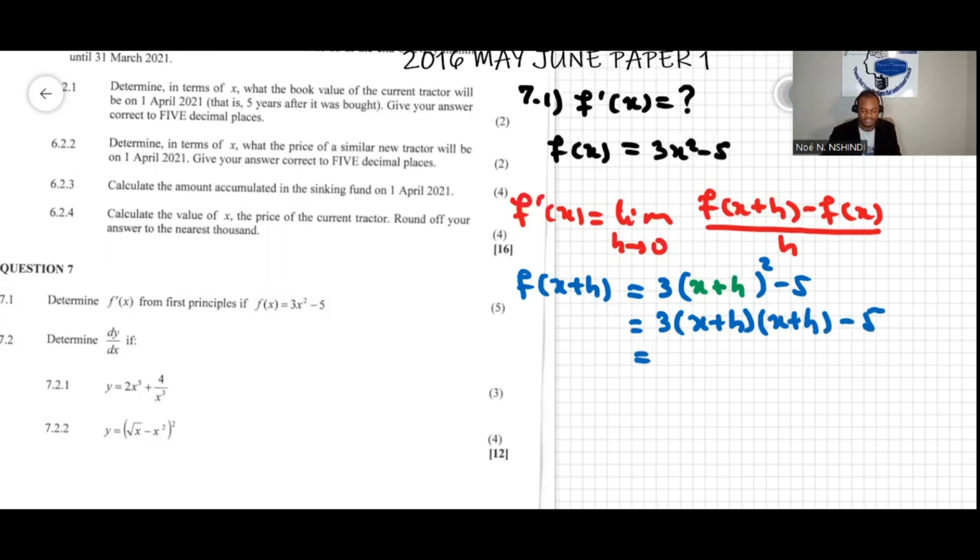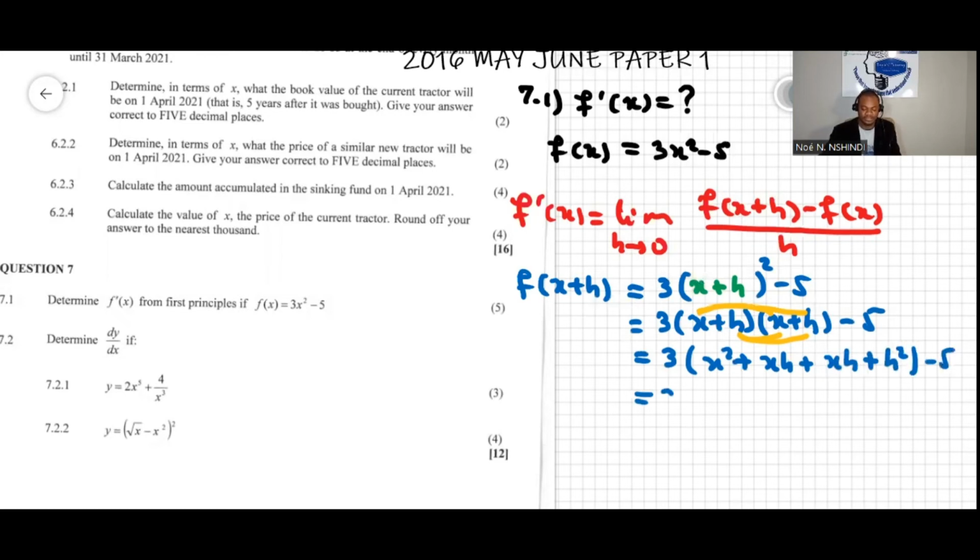And then this is just 3 open brackets. If we multiply, we do x times x, x times h, h times x, and then h times h. So 3 times x times x makes x squared, and then plus xh, and then plus hx, which is xh, and then plus h squared, minus 5.